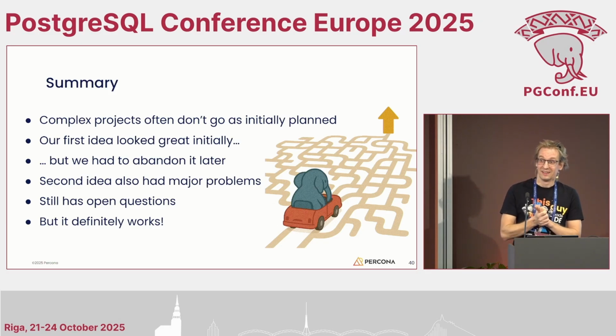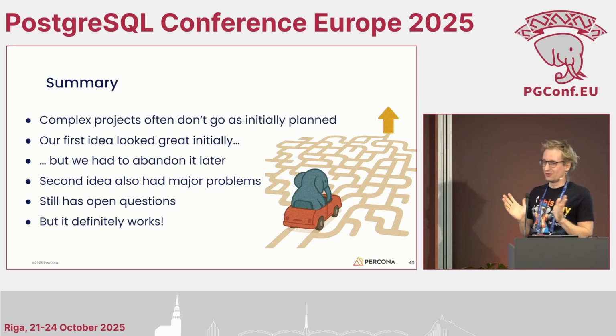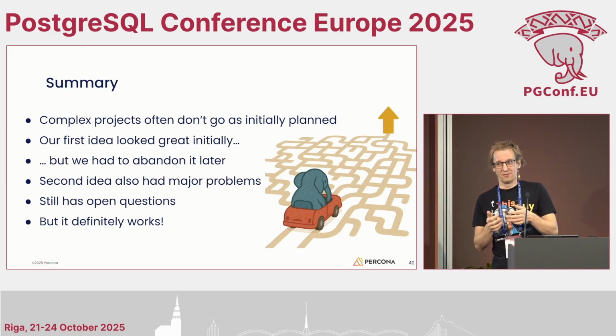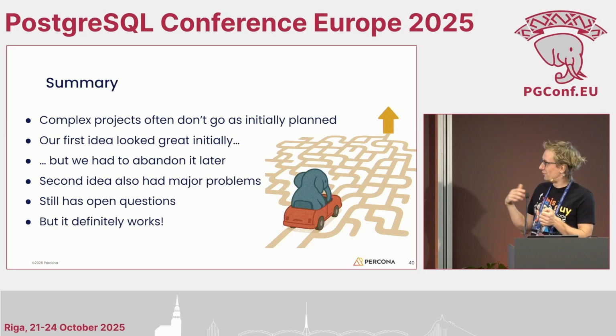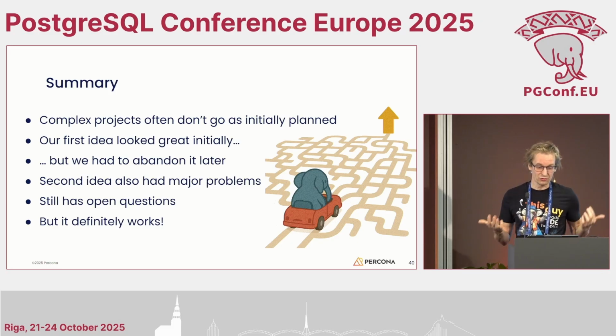So in summary, complex projects rarely go as you plan. We had to implement multiple prototypes, and all of our prototypes looked good initially. But with the first prototype, we learned some lessons where we discovered that we had unforeseen issues, so we had to abandon it.